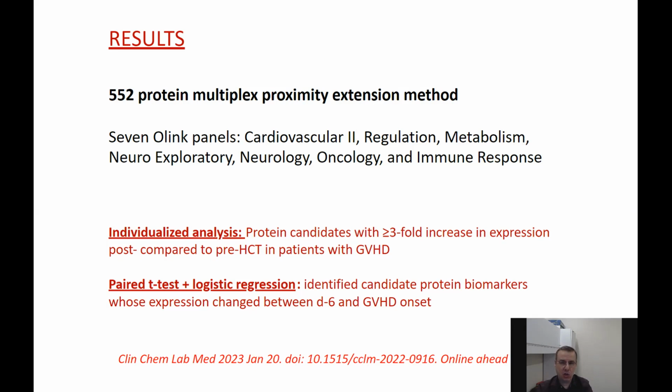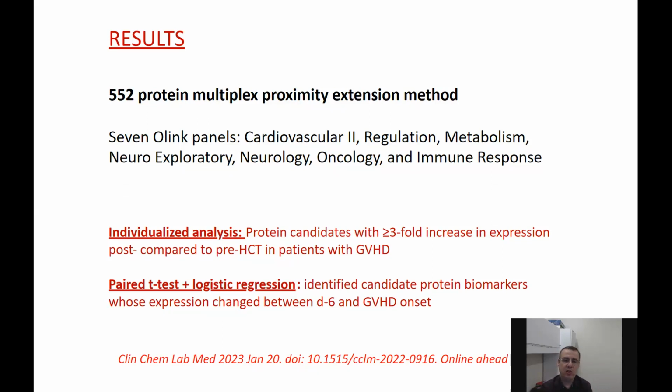After an initial study, we did a pilot study using only 10 patients using the 1000 multiplex Olink platform. We identified 552 proteins, which we would use for a more extended cohort. These involved the 7 Olink panels: the cardiovascular 2, regulation, metabolism, neuro exploratory, neurology, oncology, and immune response panels.